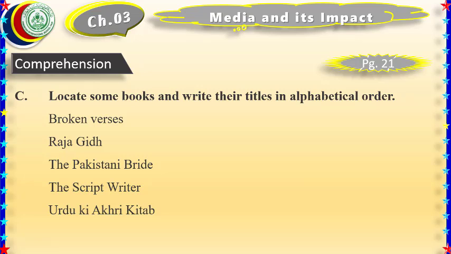I have written here Broken Verses, Raja Gid, The Pakistani Bride, The Script Writer, Urdu Ki Aakhri Kitab. I have arranged them in alphabetical order. You can see here B, R, T, T, U. Just like this, you will write the names of the books and then you will arrange them in alphabetical order.